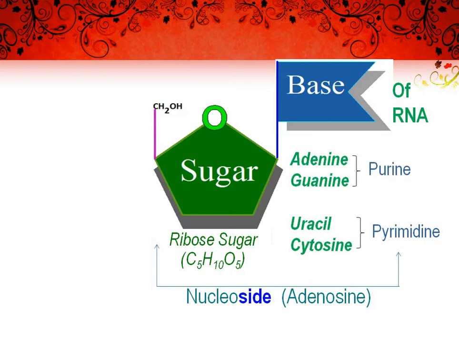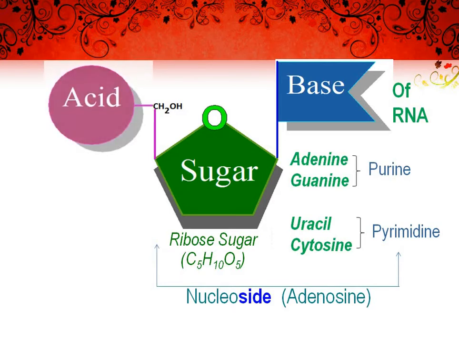If guanine is attached, it is guanosine. Similarly, if uracil is attached at the first carbon of ribose sugar, it forms uridine, and when cytosine is attached, it forms cytidine.